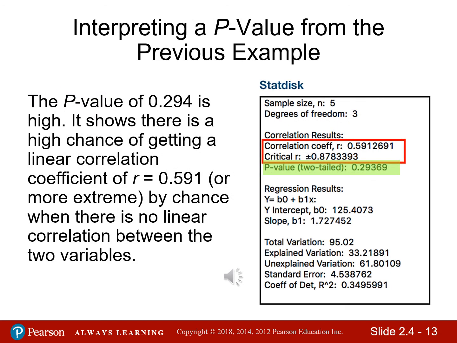Going back to our shoe print example, we see that the DACC has provided us a p-value of 0.294. This p-value tells us that there is a 29.4% chance of getting a linear correlation coefficient of R equal to 0.591 when there is no linear relationship between the two variables.